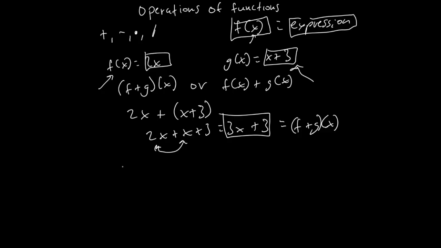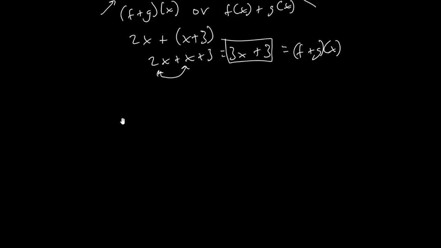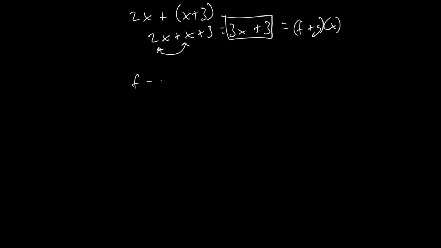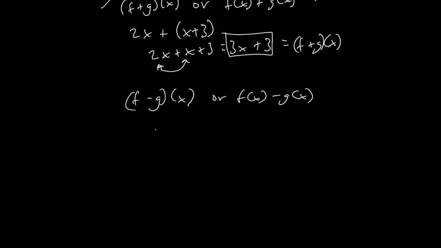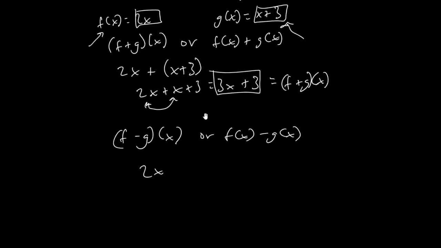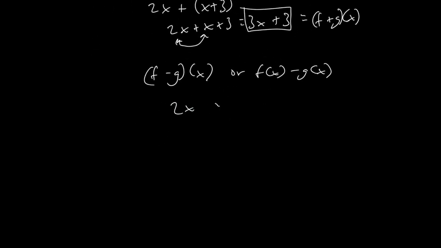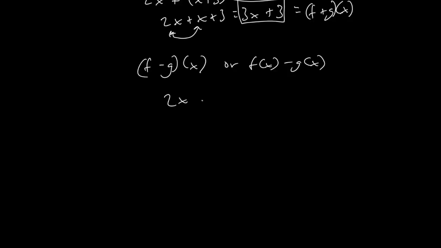So the subtraction of functions works very similarly, and we write it as f minus g of x, or f of x minus g of x. And once again, we take the outputs, so that would be 2x, and the order matters here, minus x plus 3.